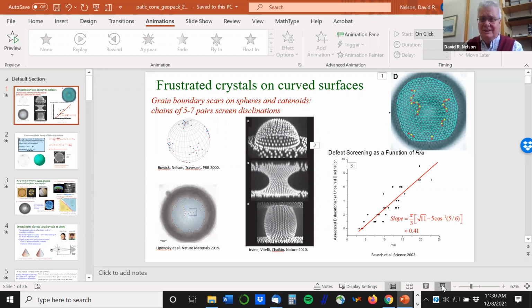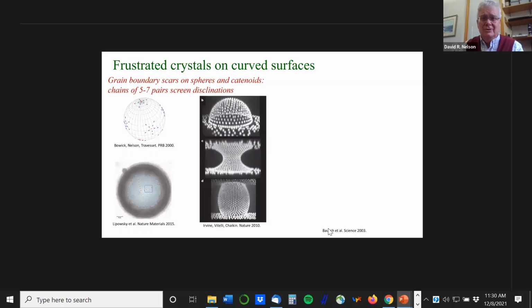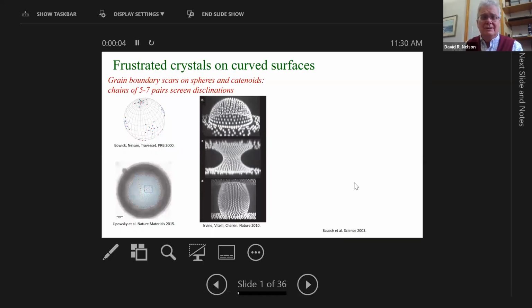Just making sure the slideshow comes up properly here. That looks good. So are you, Adil, are you seeing the first slide here? Yeah, it's a bit small. I can see some of your menus there, like show taskbar and so on. Are you on full screen yet? I think I am. I don't know. There's an easy way to fix that. What is it meant to say on the slide that you're presenting at the moment?